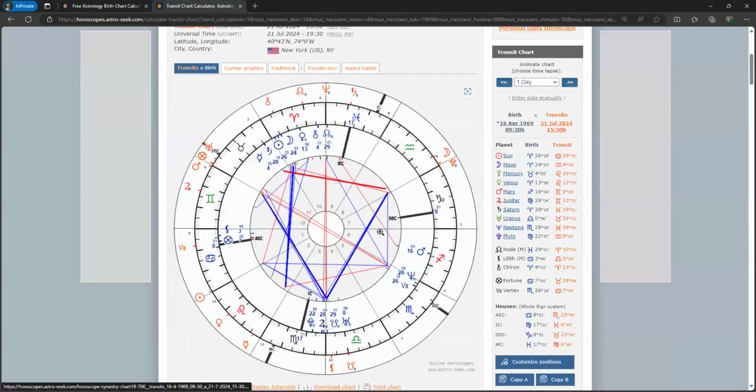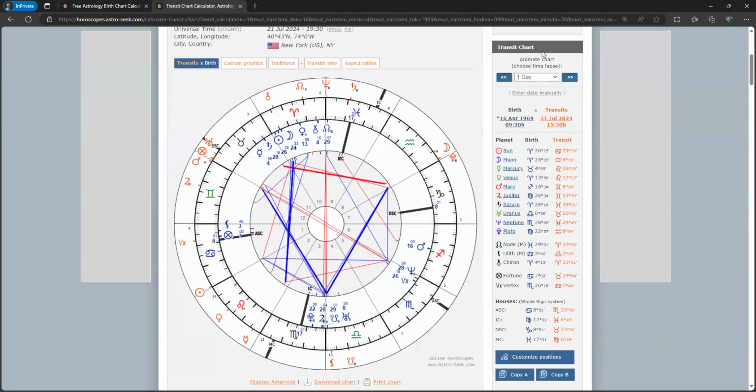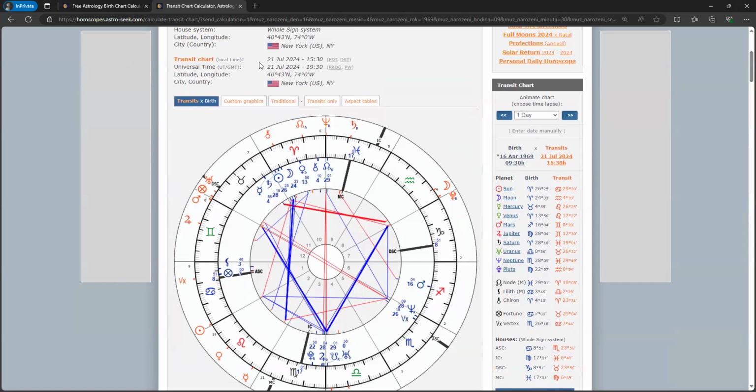So this might look really confusing. Let's look at this legend over here. Basically, at this person's time of birth, the sun was at 26 degrees Aries. At the time that we calculated for, which is today, July the 21st, 3:30, the sun is at 29 degrees Cancer. The moon at their time of birth was 24 degrees Aries.